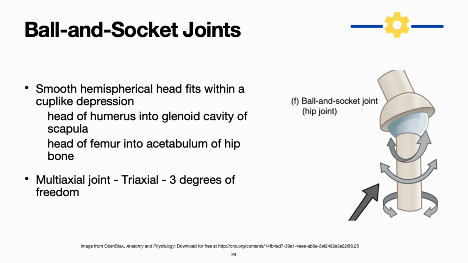And its name really tells you the structure. We have one joint surface that's shaped like a ball. The other surface is shaped like a socket. The ball fits into this cup-like depression. It allows motion in 3 planes. So in the case of the hip and the shoulder, we have flexion and extension, abduction and adduction, and then rotation, which is called internal and external rotation, or medial and lateral rotation.